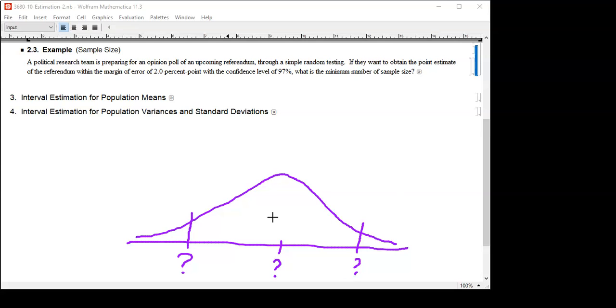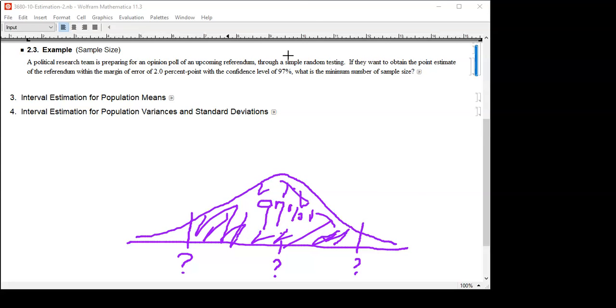What do we know? Well, 97% in the middle, and consequently, the other 3% I'm going to be wrong, so over here 1.5%, and 1.5% there.